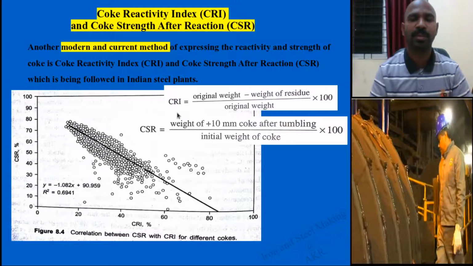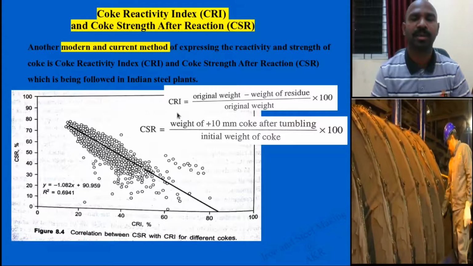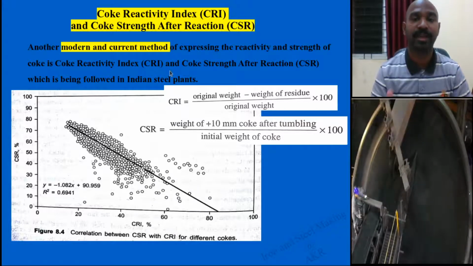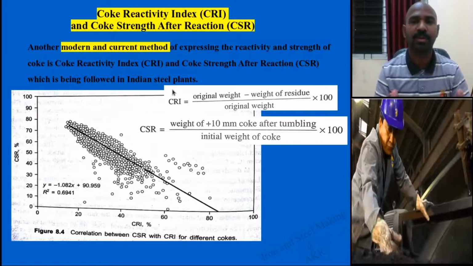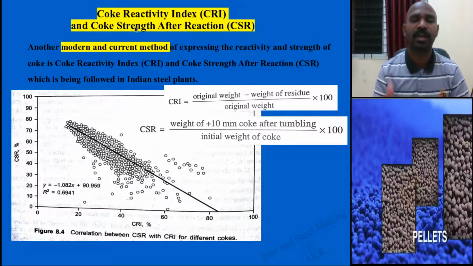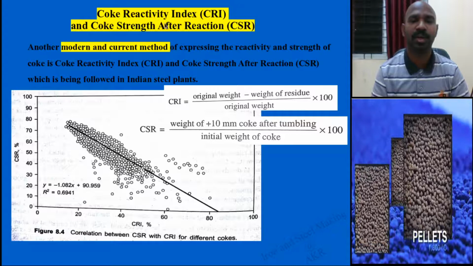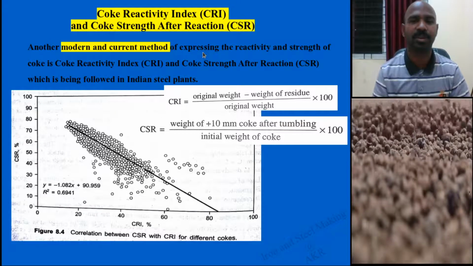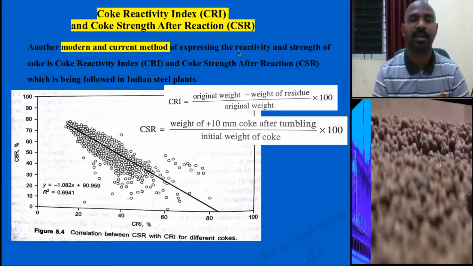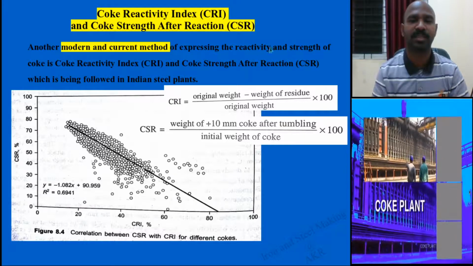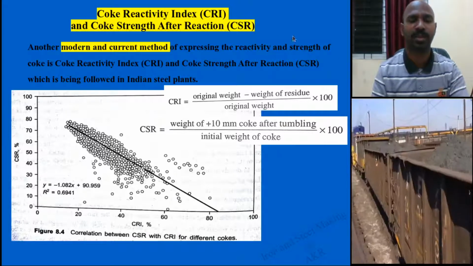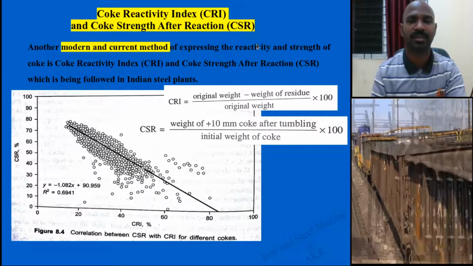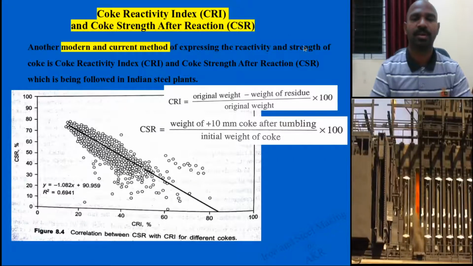Now, there is another modern and current method followed in Indian steel plants for assessing the reactivity of the coke. This is expressed by two parameters. One is based on reactivity and the other on strength. Both are interrelated. That's why you calculate reactivity and strength.